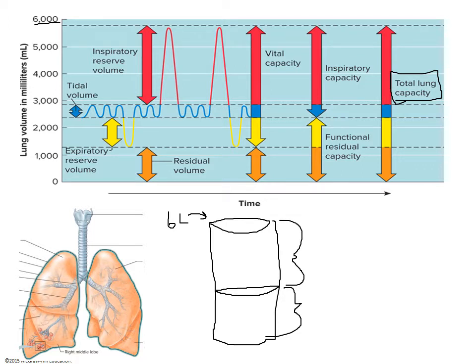Now, as we're breathing, this layer, which is the dividing line between where there's air and where there's not, is going to move up and down for each respiratory cycle. I'm going to put air into it, it's going to increase. I'm going to take air out and blow air out, exhale, and it's going to decrease. So I'm going to have a little bit of movement of this line.